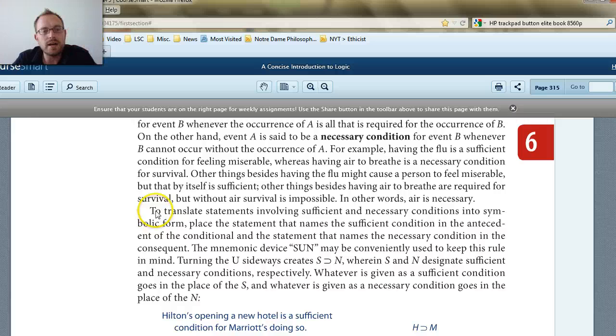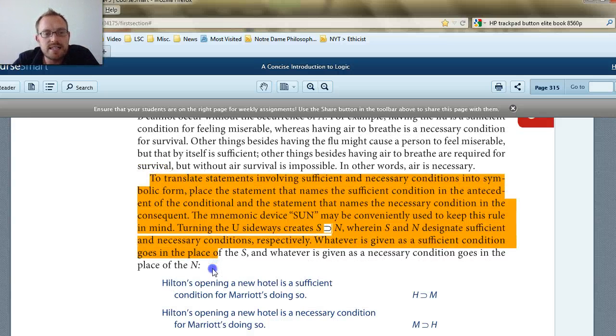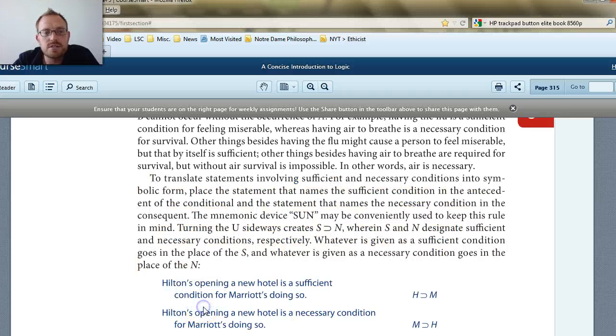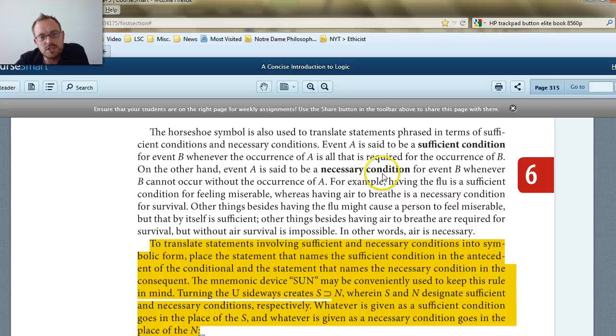So I want to actually draw your attention to this, because a lot of people get very confused with how to translate necessary and sufficient conditions. Remember, a necessary condition is a condition that has to be met in order for the consequent to occur, but it may not be enough, right? The sufficient condition is enough for the consequent to occur.